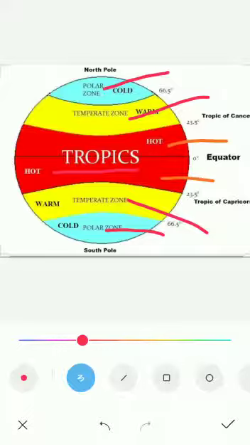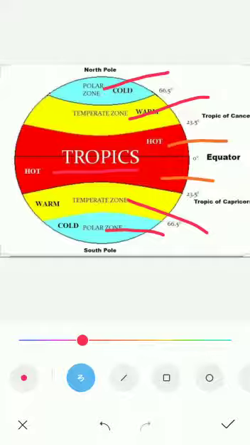The equatorial belt does not experience winter season due to the high temperature throughout the year. However, in some areas close to the tropics, the summer and the winter seasons are clearly observed and you can differentiate.